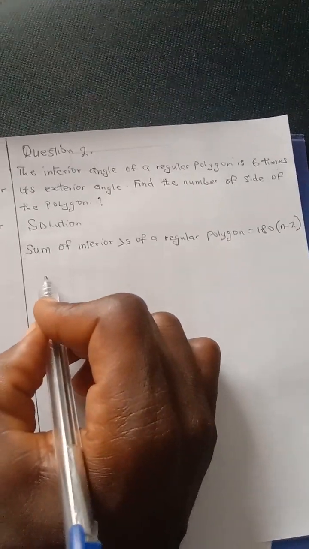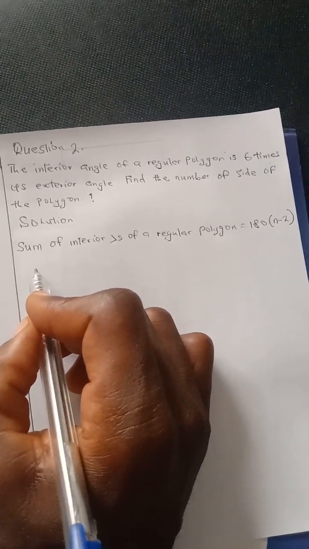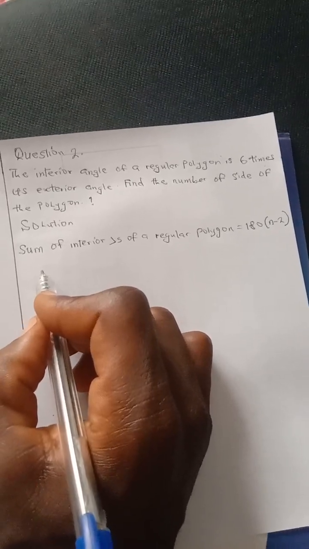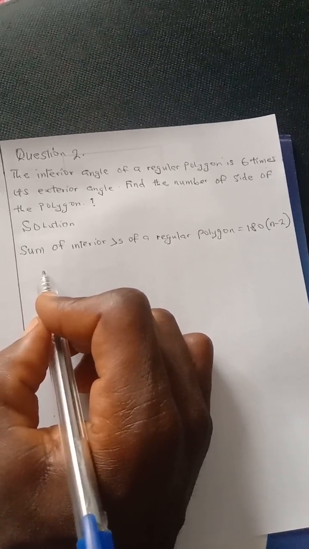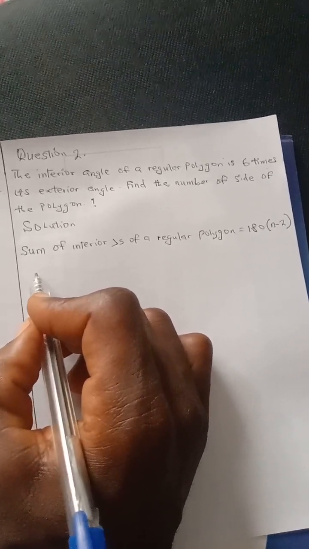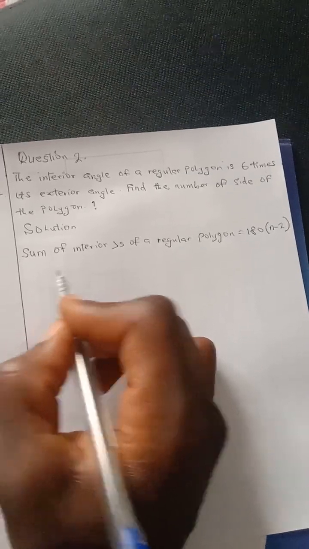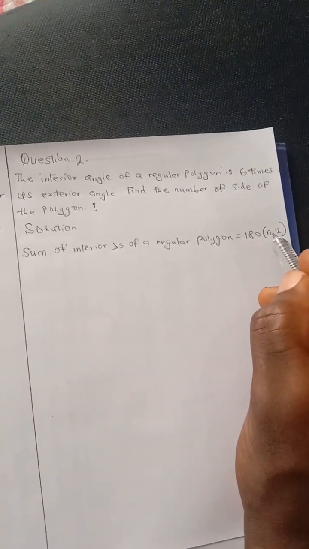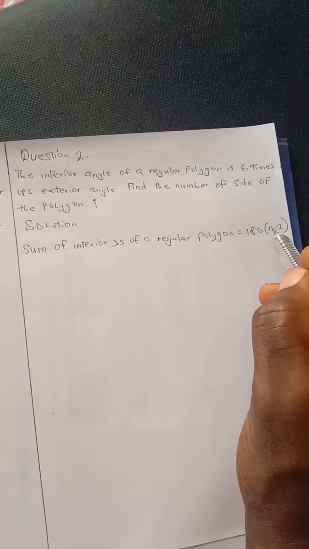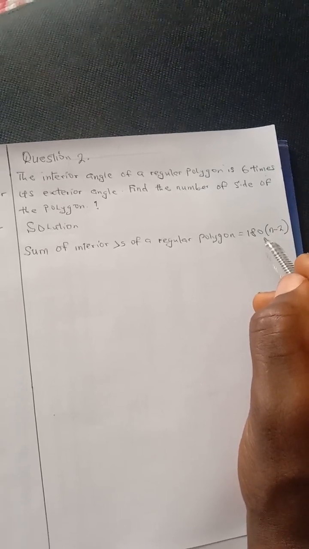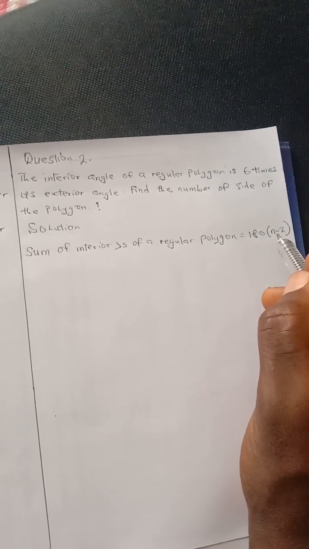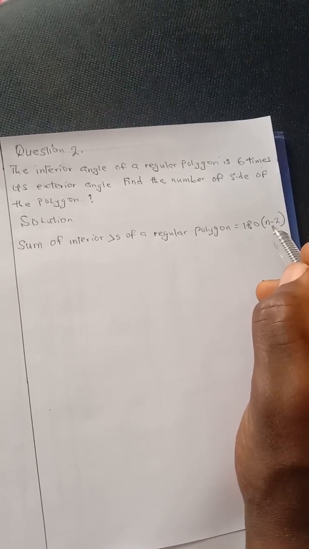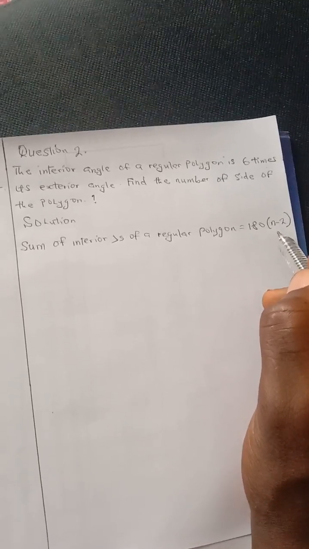So now, for you to get the value of one interior angle of this regular polygon, you divide it by the number of sides. If n is 5, which is a pentagon, you divide it by 5 to get one interior angle. If it's 6, that is a hexagon, you divide it by 6.